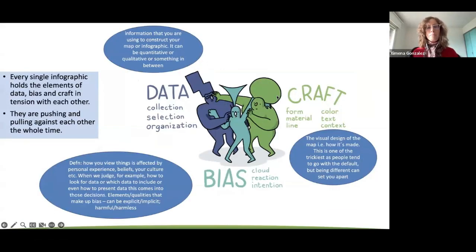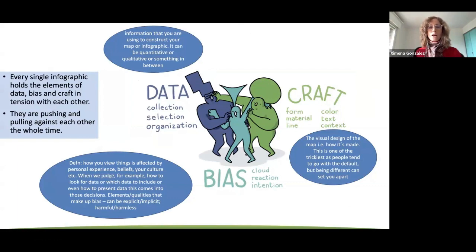In essence, the data is the information you're using to construct your infographic, and it can be quantitative or qualitative or something in between. I think we're all quite familiar with that. Bias comes into it too, defined as how you view things, and that is affected by your personal experience, your beliefs, your culture.